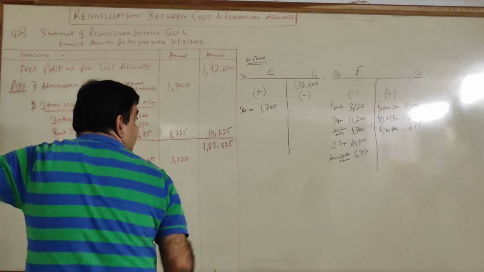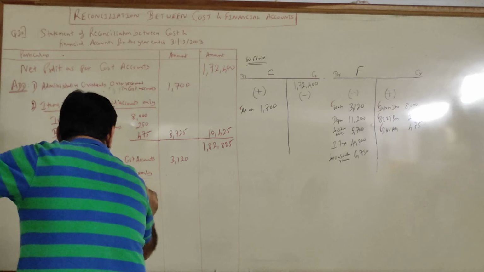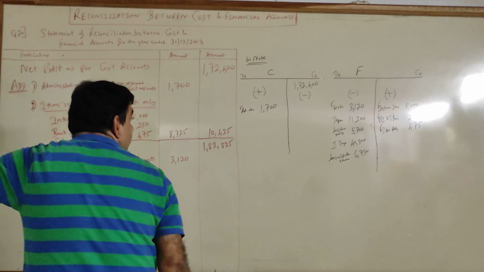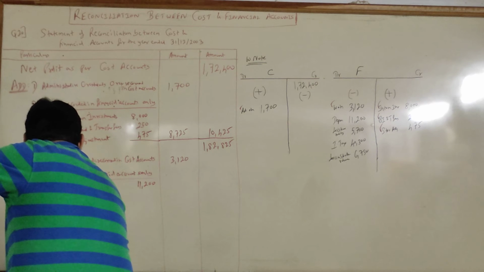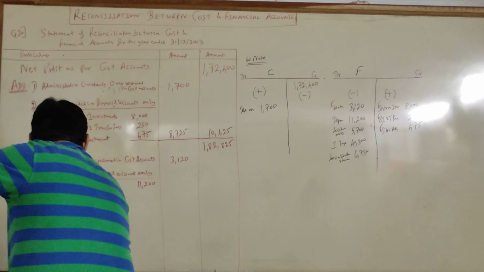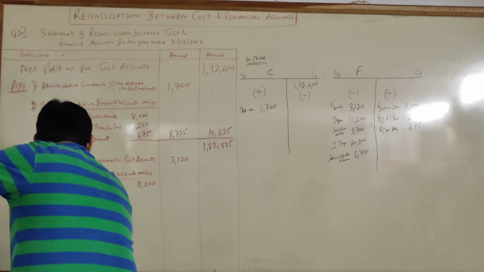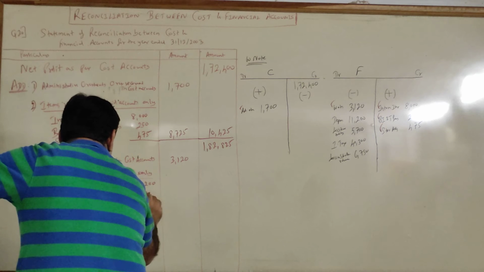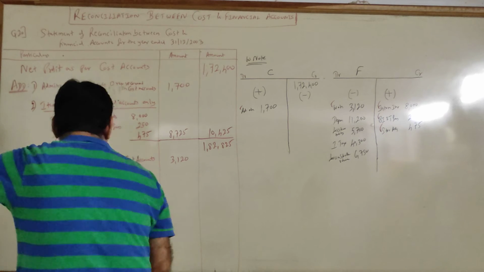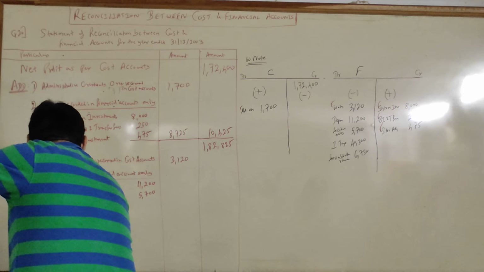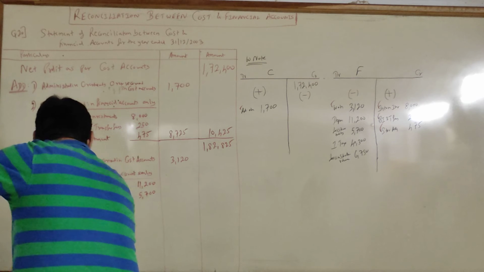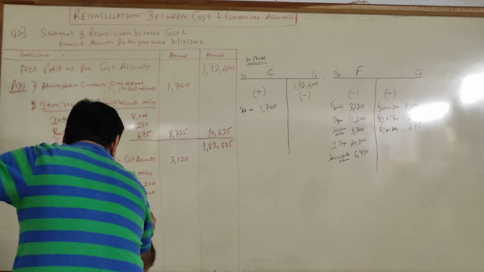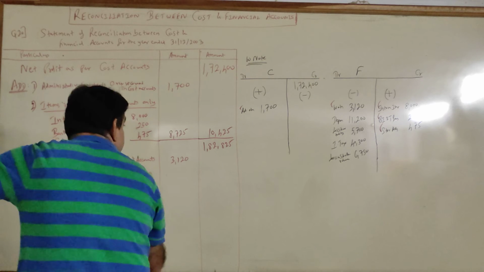Depreciation, how much? 11,200. Loss due to obsolescence, 5,700. Income tax, 4,300.